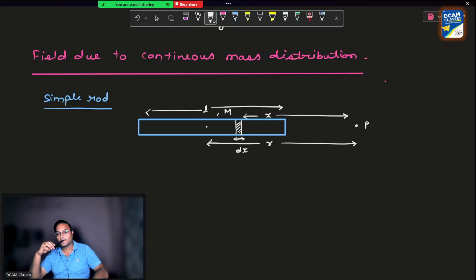Now, can you tell me, any one of you, what is the mass dm? What is the mass of this element? Anyone? Diva, Kanishka.